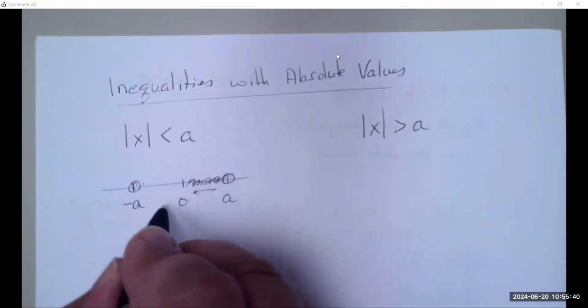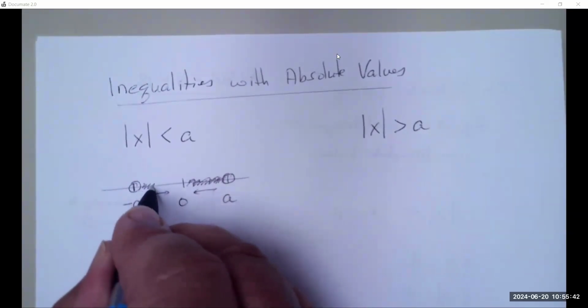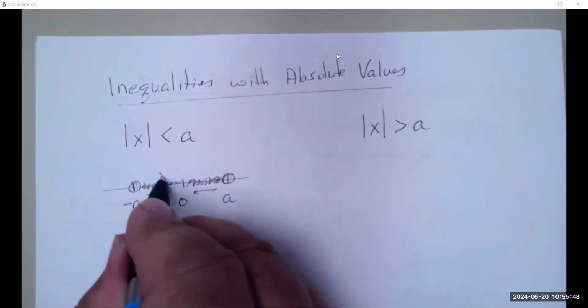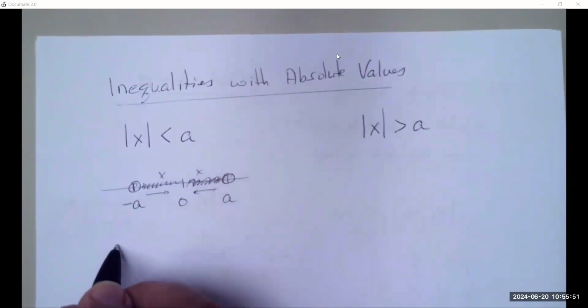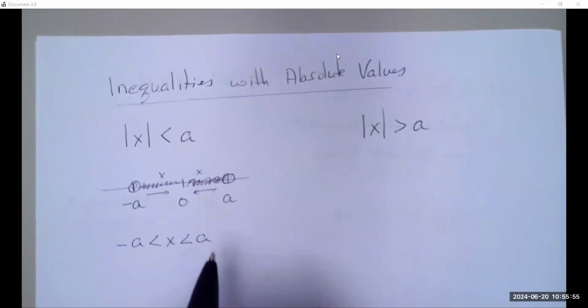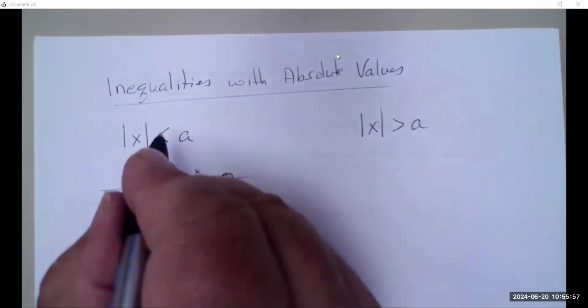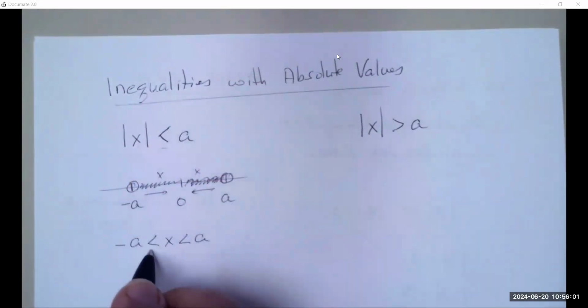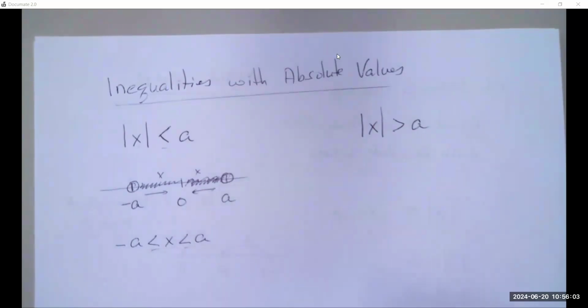It goes from negative a towards 0. They go in the same direction. So what this one says is, these are my x's. So my x's are between negative a and a. That's if it's a less than. If it's a greater than or equal to, then I put the equal to.